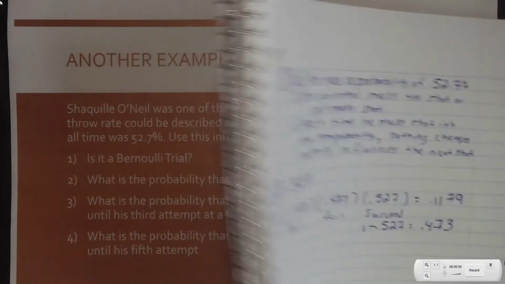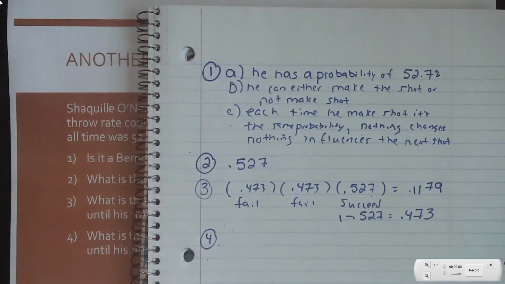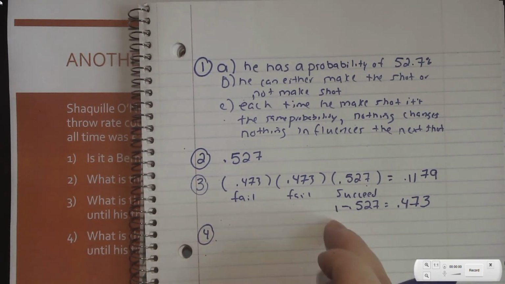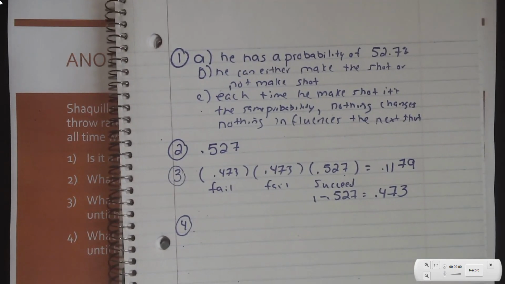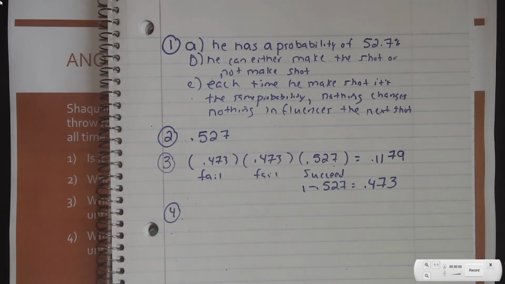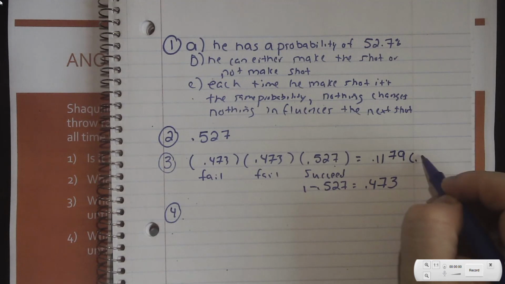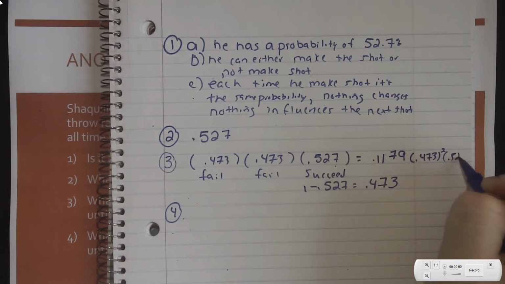And then it says, what is the probability that he will not make his first free throw until his fifth attempt? Technically, what I'll get here is 0.473 times 0.473 times 0.473 times 0.473 times 0.527. And that's perfectly logical. But what if I want to do the 100th or 90th time? You don't want to have to do that over and over again. So there's a way to condense this: 0.473 to the 4th times 0.527.